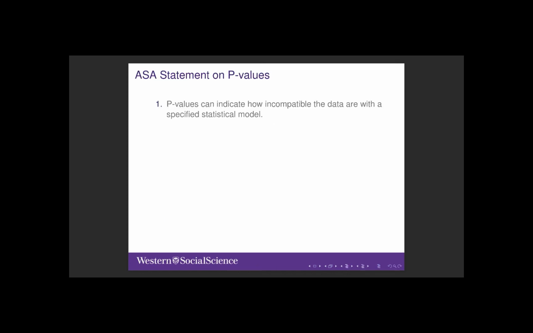All of this controversy has encouraged the American Statistical Association to put out a statement on the utility of p-values. I paraphrase that statement here. P-values can indicate how incompatible the data are with the specified statistical model.